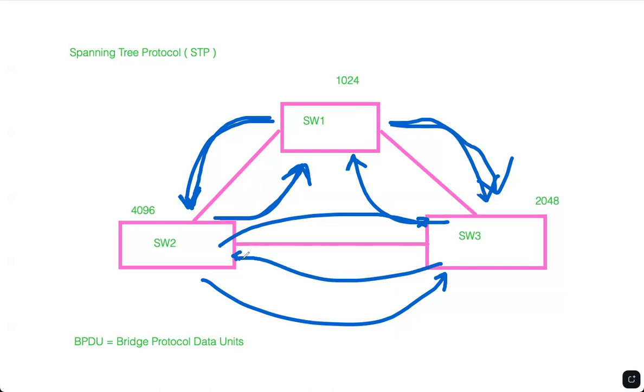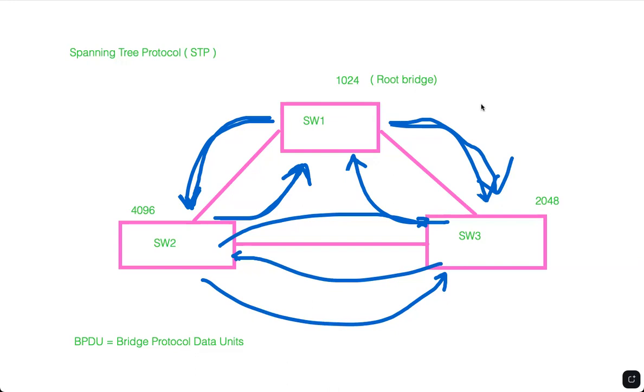So they all exchange the priorities. Out of all the switches, whichever switch has the lowest priority becomes the root bridge.